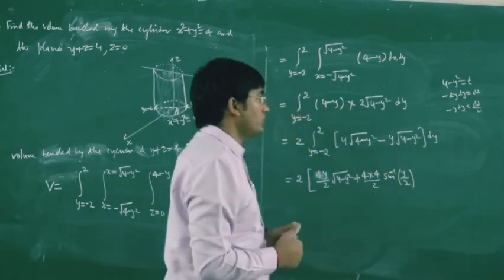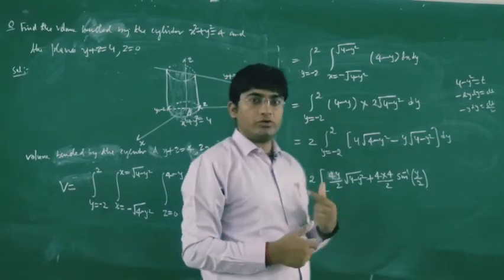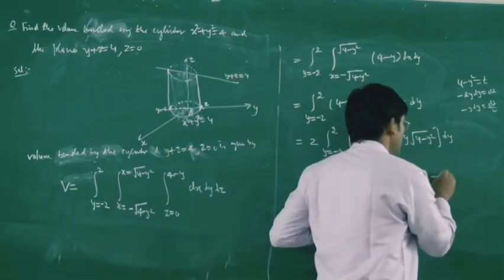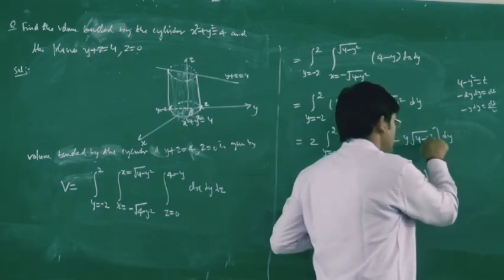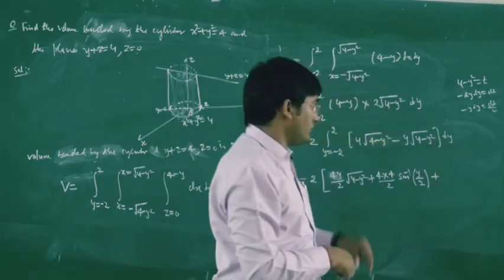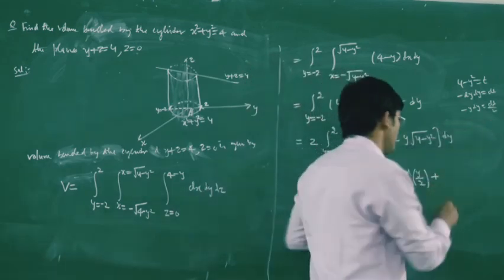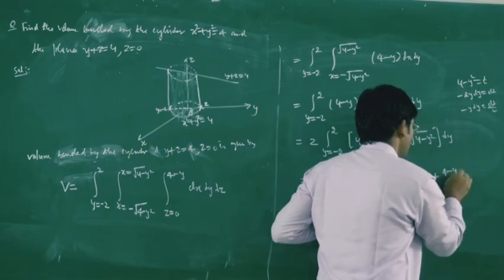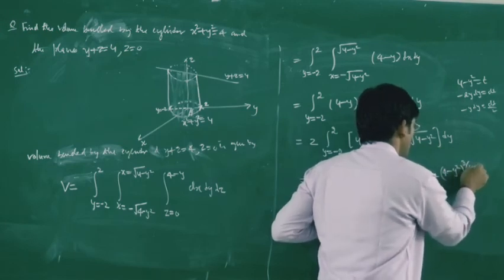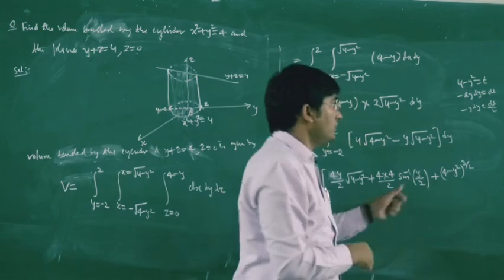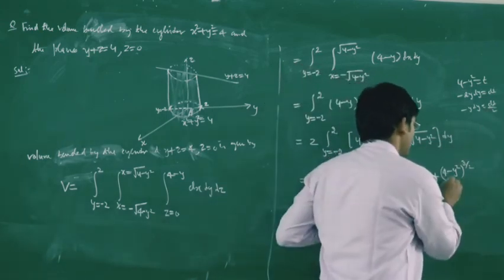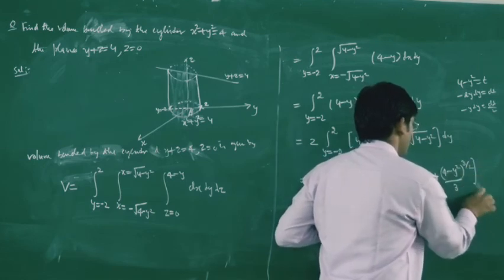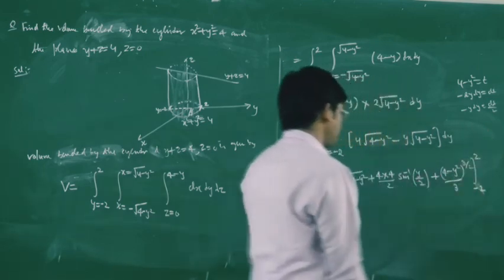The integration of t power half will be t power 3 by 2 upon 3 by 2, and this 2 will get cancelled. So we have 4 minus y square power 3 by 2 upon 3, and then our limits are from minus 2 to plus 2.